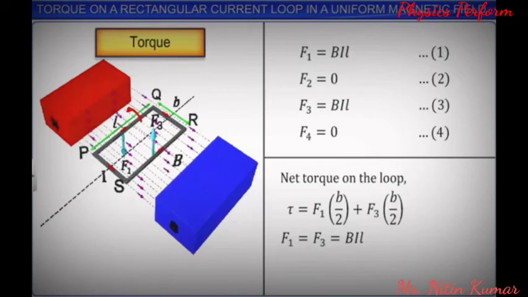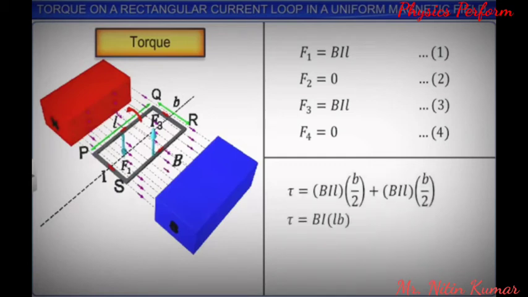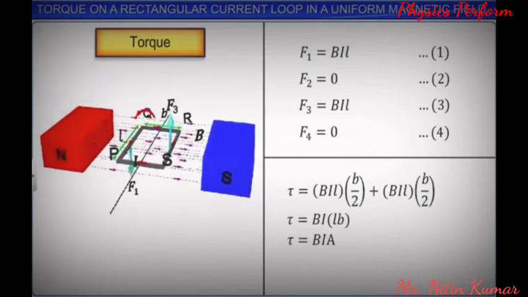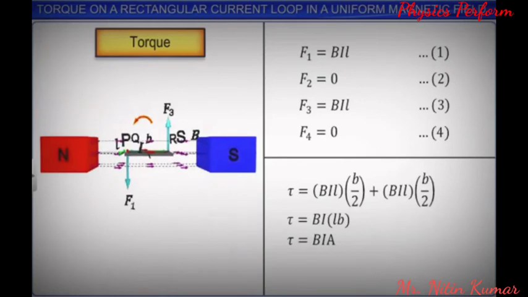Then τ is equal to BIL into B by 2 plus BIL into B by 2, which is equal to BI into LB. As L into B is equal to the area of the rectangular loop A, we can denote the torque acting on the rectangular current loop τ is equal to BIA. The net torque on the loop tends to rotate it in the anti-clockwise direction when viewed from SB side of the loop.